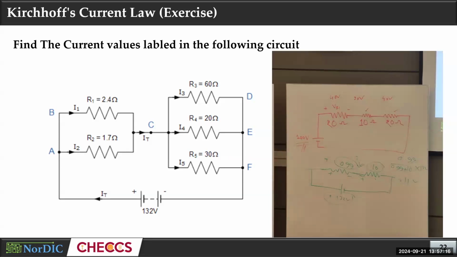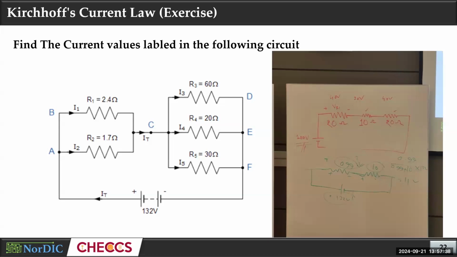The next concept that I will discuss is Kirchhoff's current law and Kirchhoff's voltage law. These are the two most fundamental laws of electrical circuits. For the interest of time, I think we can wrap up our discussion for today.